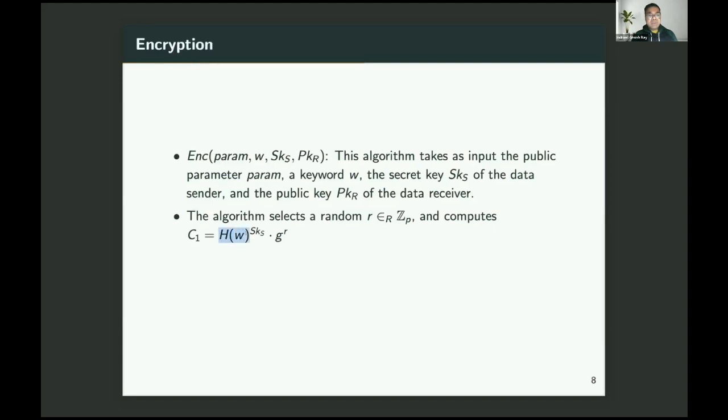He converts the word, the data, into a group element by hashing, and raises the element to the power of the secret key multiplied by G. The small g is the generator of the group, which is publicly available, raised to the power of some random R. And the second component is the public key raised to the power of the same random R. And for the encryption of that word W, he sets the encryption of the word W as C, which is C1 and C2, these two components.